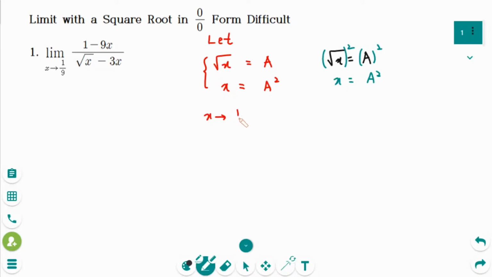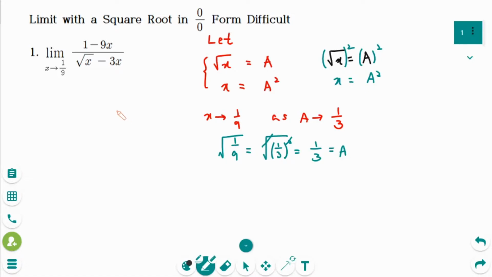And as x approaches 1 over 9 is the same as a approaches 1 over 3, because square root of 1 over 9 is the square root of 1 over 3 squared. That is 1 over 3, which is a.